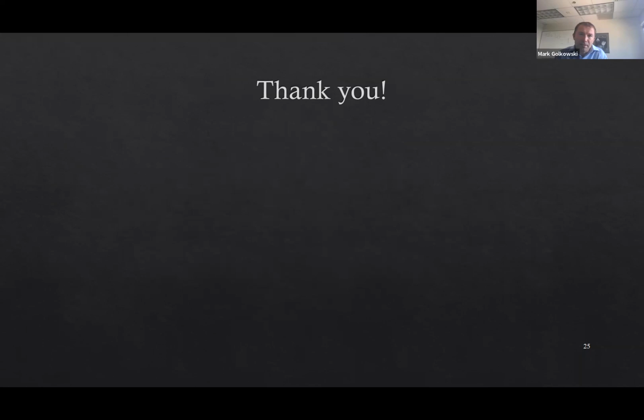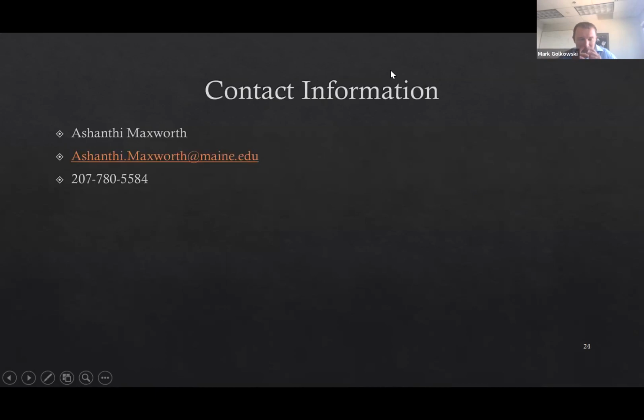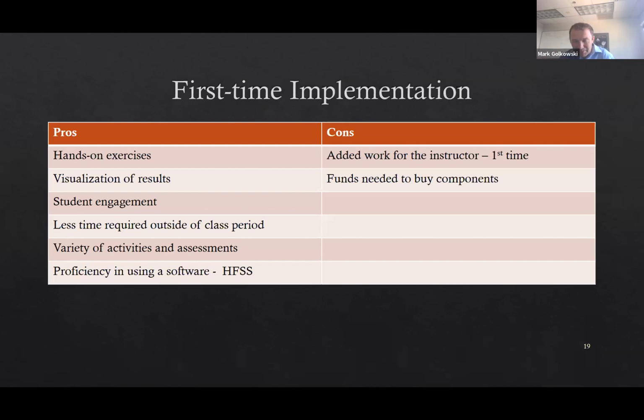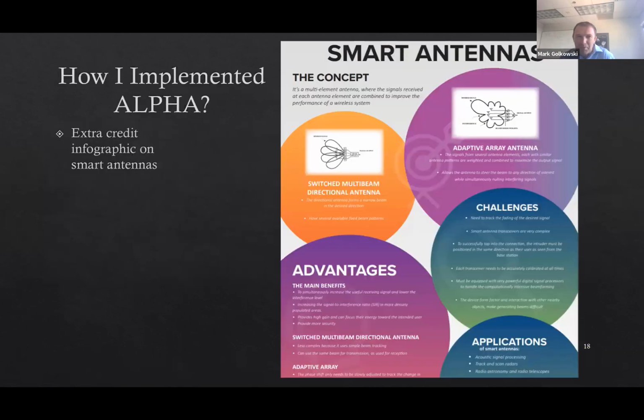Okay, let's thank Ashanthi. Very nice talk, and probably most relevant to me, since as the associate dean, I'm in charge of looking at how we teach classes, and this emphasis on active learning is something we're really trying to push in all the departments.